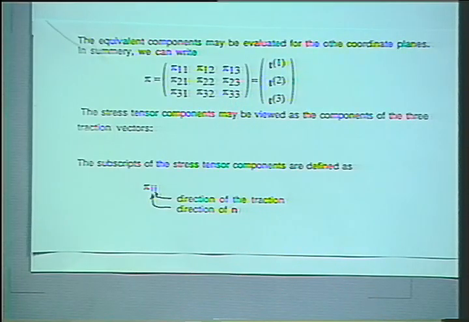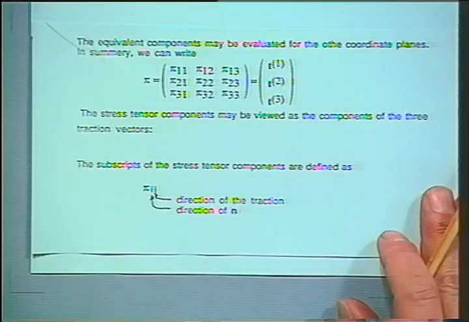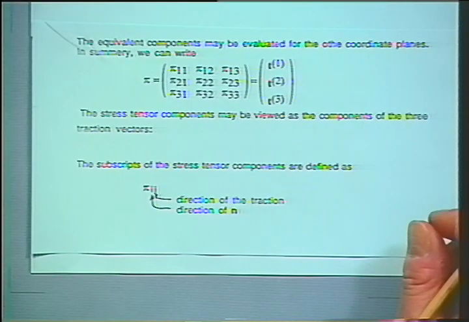Yes? Doesn't that notation vary? In other words, as to which one is the traction vector or traction portion, and which one is the basis? You're asking about, actually, could you rephrase it? I don't know why it should vary. It seems like I've seen it where it just had been switched around.